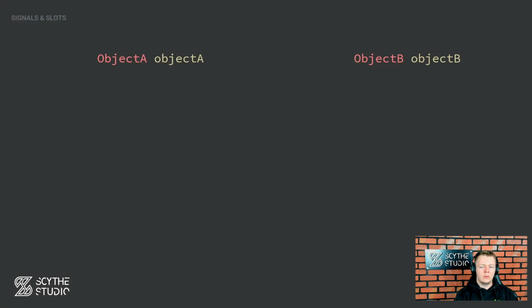Let's say that we have object A and object B. Both are instances of classes named the same way. Object B has a method called doSomething, and object A has the method performOperation. Object A and object B are not connected to each other, but yet we want object B to do something after performOperation is finished.